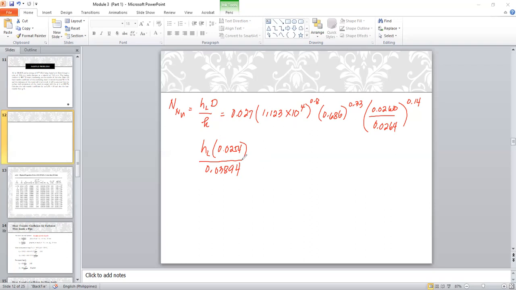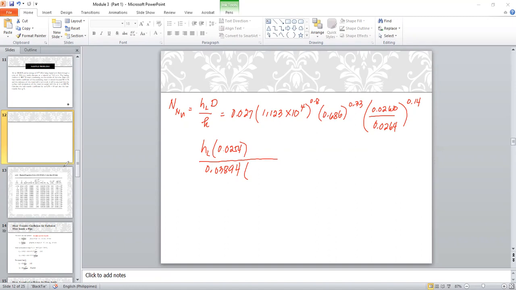Wait a moment. It's supposed to be the property of the pipe itself, of the tube itself. But in this case, it's not provided by the problem. And it was assumed, class, in the problem that the resistance of the metal wall is very small. So that is why it's not using the thermal conductivity constant of the wall itself. It should be that of the tube wall I'm referring to.